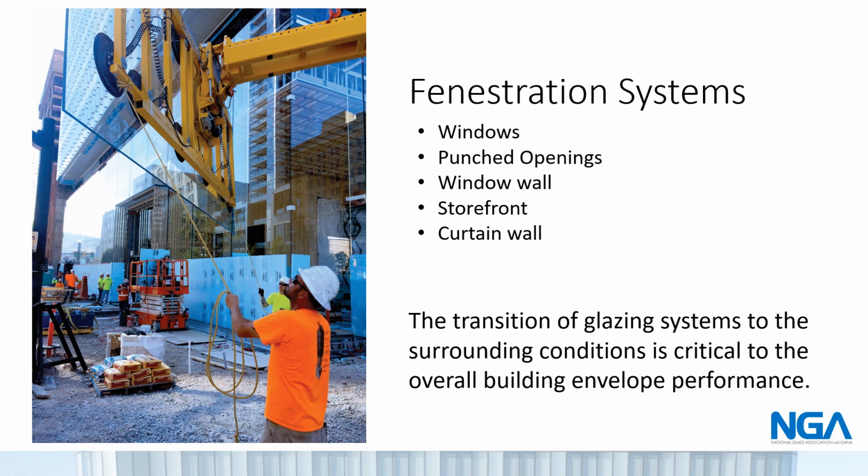Other systems, such as curtain walls, are installed to the exterior of the structure and become the building envelope. Beyond the U factor of the window or curtain wall itself, how the fenestration system is installed and interfaces with the surrounding wall or roof assemblies can influence the overall thermal performance of the building envelope.